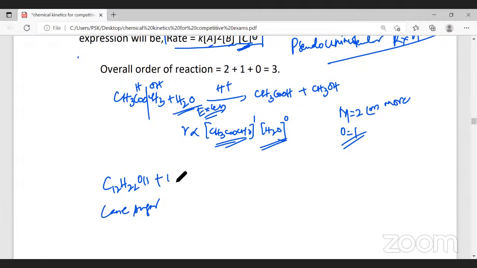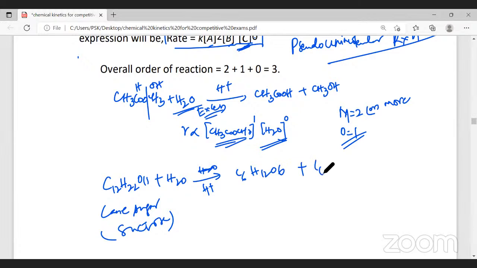When we hydrolyze it in the presence of acid, this cane sugar, chemically called sucrose, will break down to give C6H12O6 plus C6H12O6. We get glucose and a unit of fructose. For glucose and fructose, the molecular formula is the same.